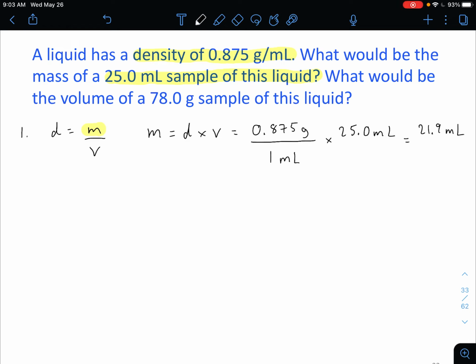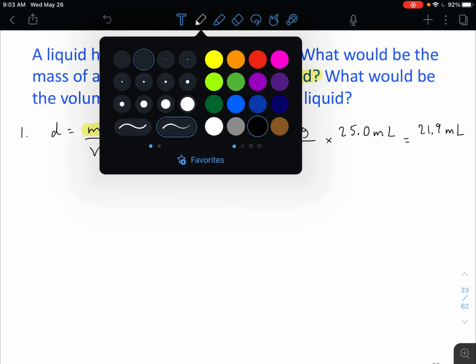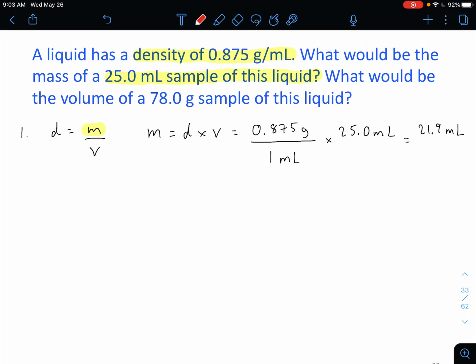21.9 grams. Density is a good opportunity to just get comfortable with the equation, right? It's clear how to rearrange to solve for whichever parameter we're looking for, but it's also a chance to start to see how unit conversion is going to work and how we can cancel out units. Oh, I wrote milliliters and it should have been grams. Whoops.